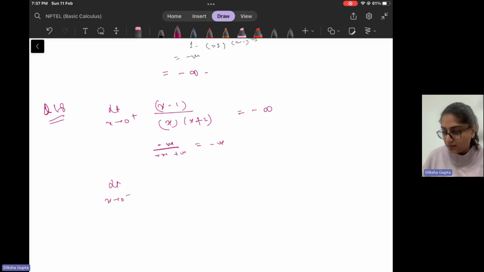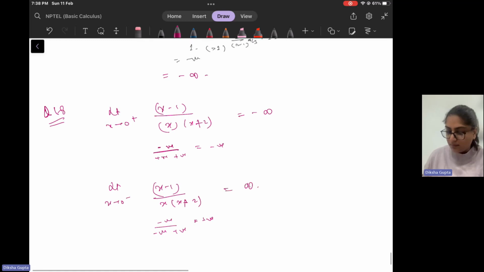And limit x tends to 0 minus of x minus 1 upon x plus 2: x a little less than 0, still less than 1, so this will be negative upon negative, x less than 0, and again positive. Sorry, this will be positive, so this is infinity.